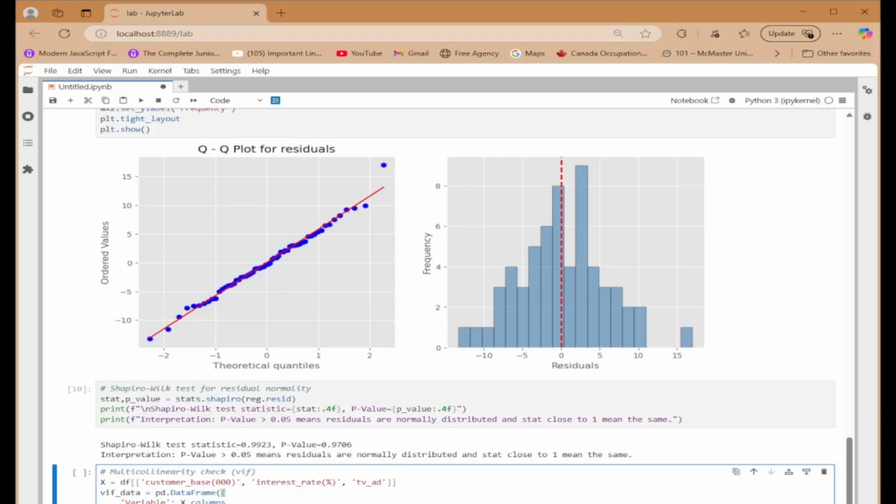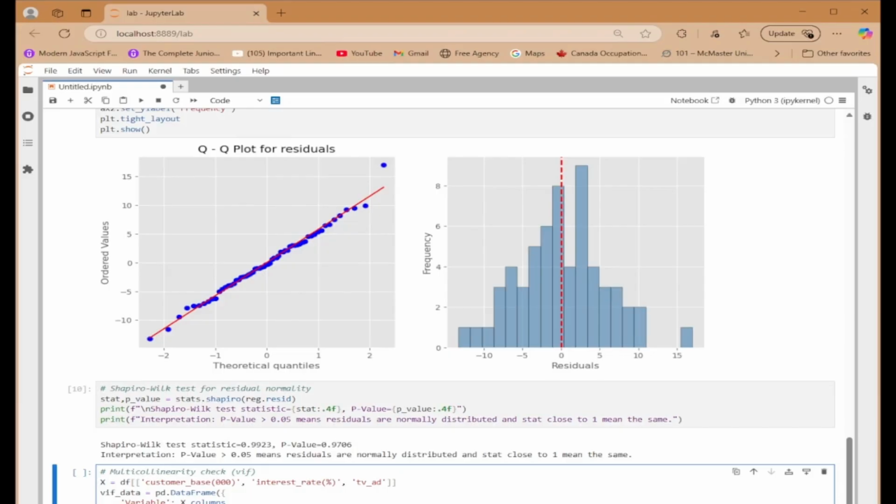VIF value equals list comprehension, variance_inflation_factor of x.values, comma, i, for i in range of x.shape.